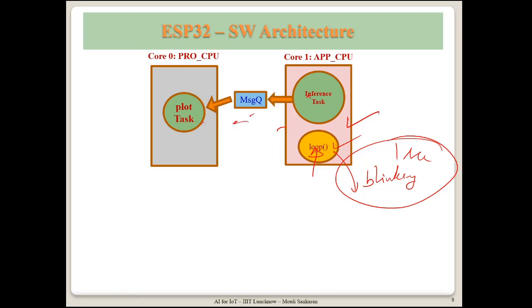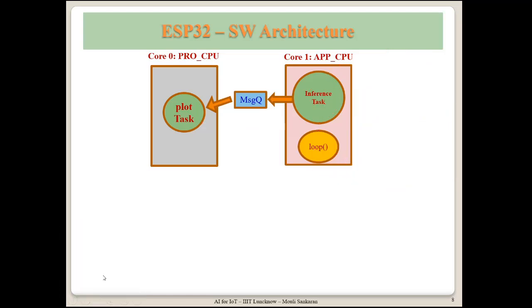The inference task has data which is fed from 0 to 2 pi. If it is a full sine wave, the x value is fed, the same 1000 samples we decided earlier. It keeps pumping the data one after the other and then it predicts. The output is found, and then it sends it to the other guy.